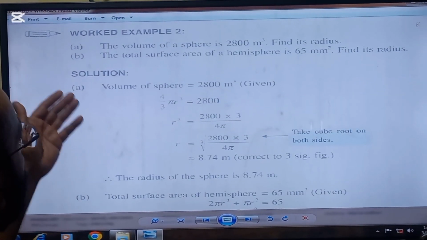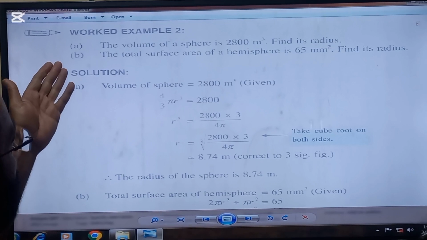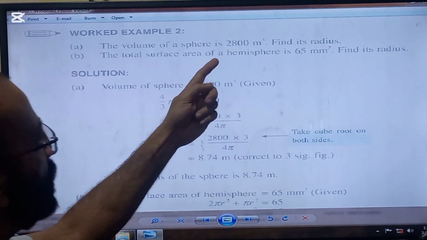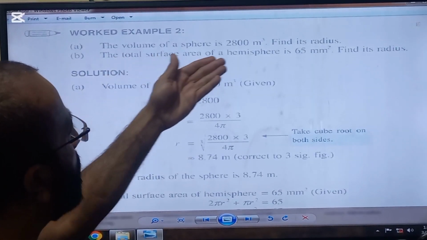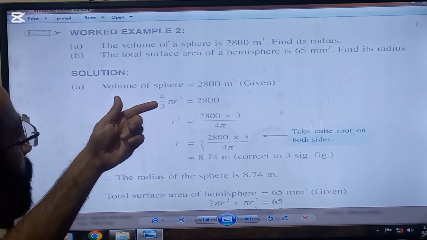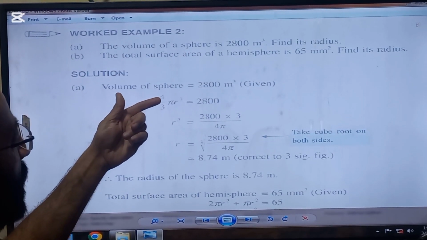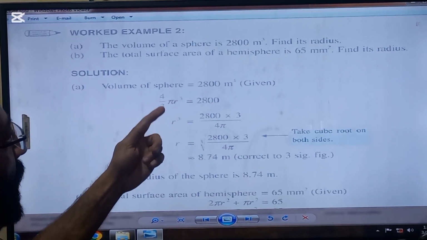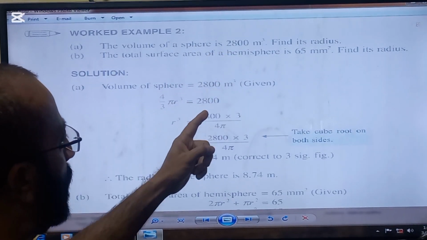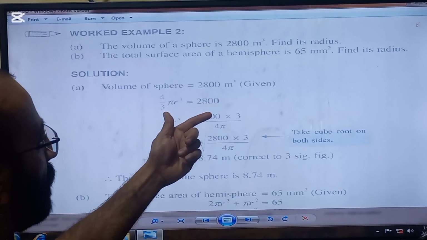Here is another question. Statement of A part is the volume of the sphere is 2800 meter cube, find its radius. And look here, volume is given. So in A part, you will put the formula of the volume of the sphere, and the formula is 4 by 3 pi r cube, and you will take 2800 equal to this one, because these two are volumes.